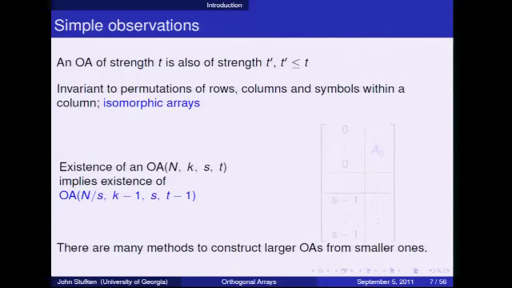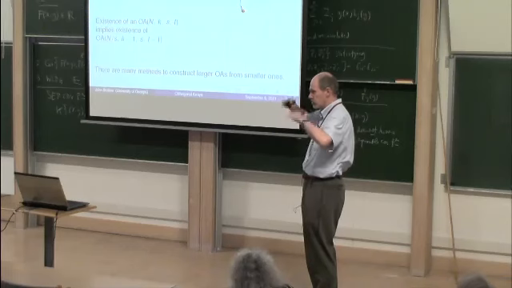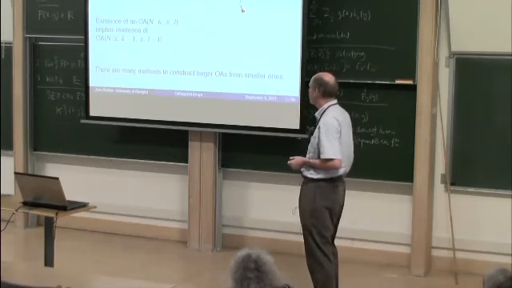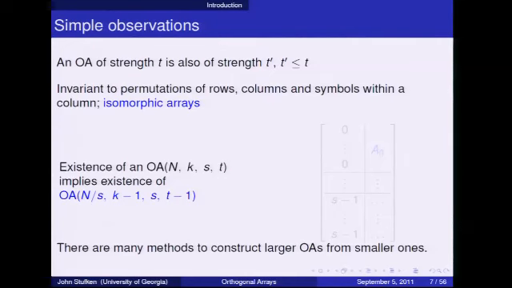It doesn't take much to see that an orthogonal array of strength t is also an orthogonal array of strength t prime if t prime is less than or equal to t. It also doesn't take much to see that these arrays are invariant under a number of different permutations. If you permute the rows, for example, the orthogonal array stays an orthogonal array. If you permute the columns, the orthogonal array stays an orthogonal array. If you permute the symbols within a column, the orthogonal array stays an orthogonal array.